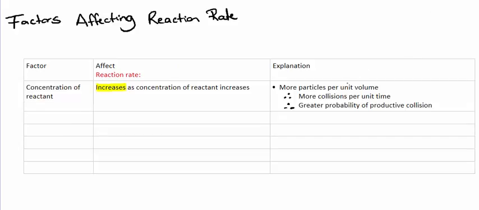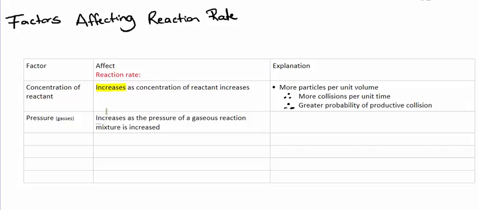And the reason is because there's more particles per unit volume, so more particles within a given area. What that means is that there will be more collisions per unit of time, and therefore a greater probability of productive collisions occurring. So basically, the more often a collision occurs, the more likely it is that we're going to get a productive collision.